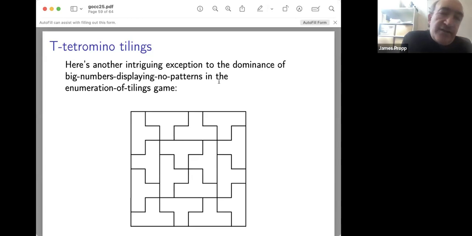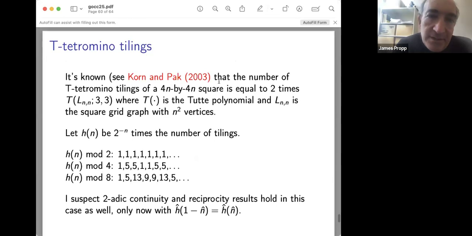Here's another kind of tiling problem we could look at. So now we're going to tile 2n by 2n squares with T-tetrominoes, made of 4 squares joined together in this fashion. As I said, when you do these problems, with big numbers you tend to see no patterns when you count tilings. But here you do see patterns.